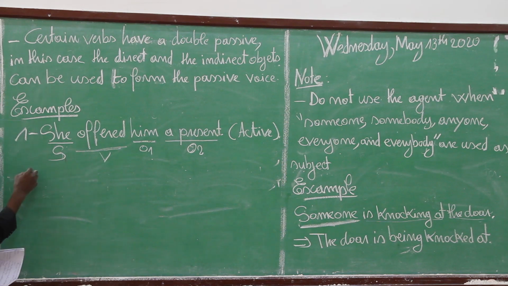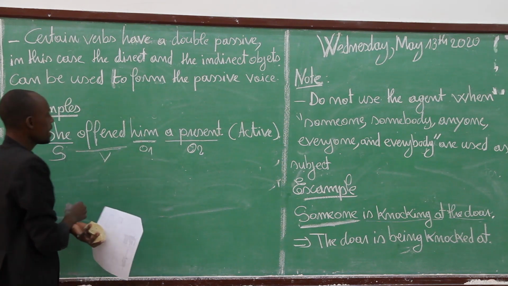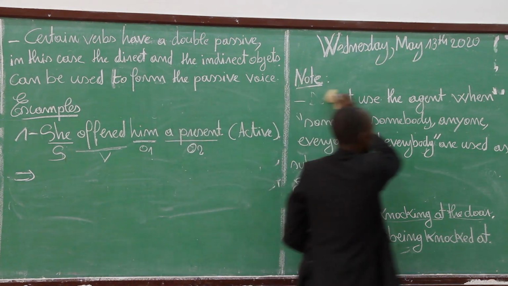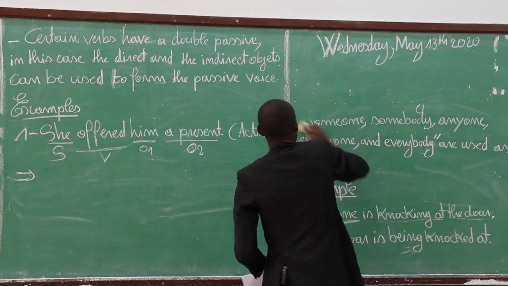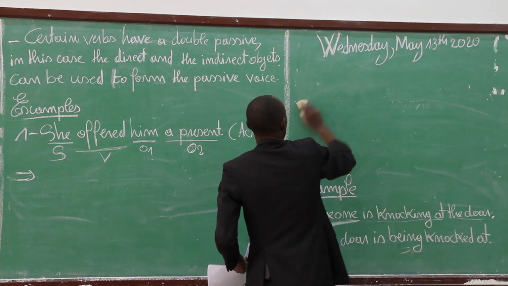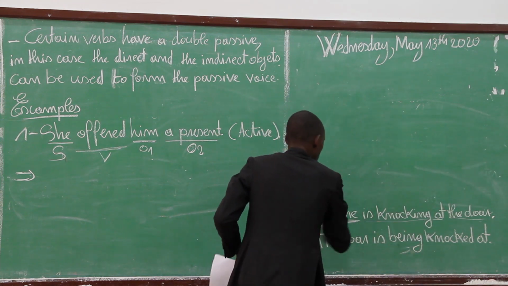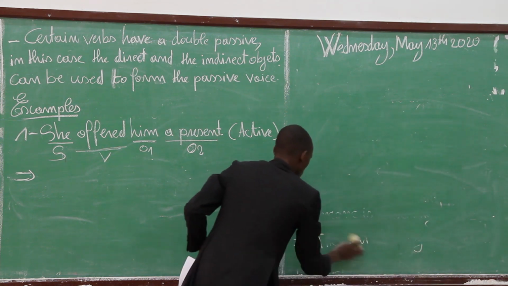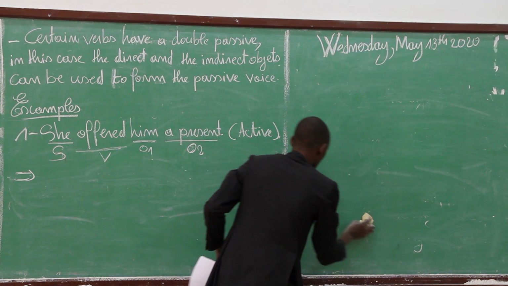Here we have, the first object is here, him. And in a passive voice, let me write something for a good understanding, or comprehension.